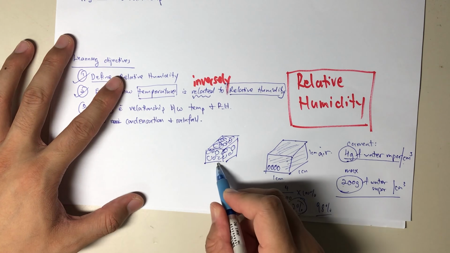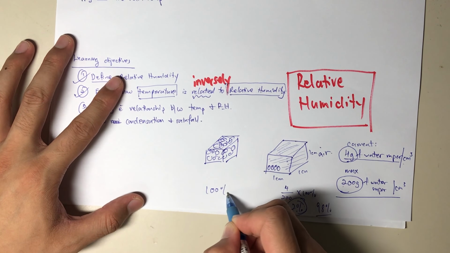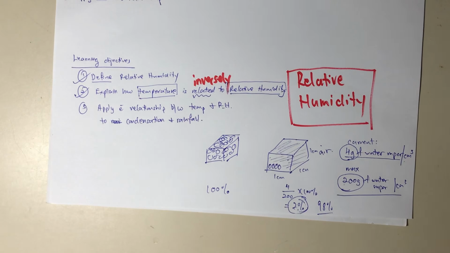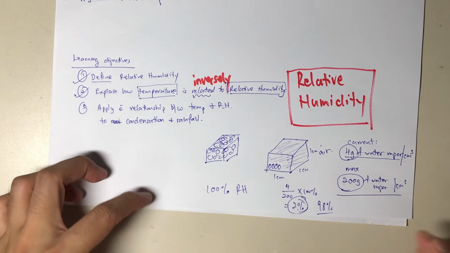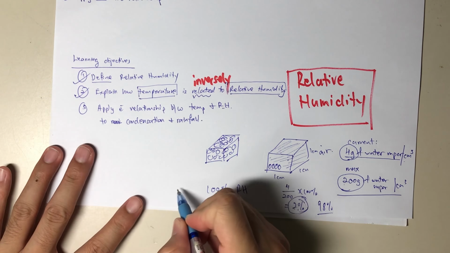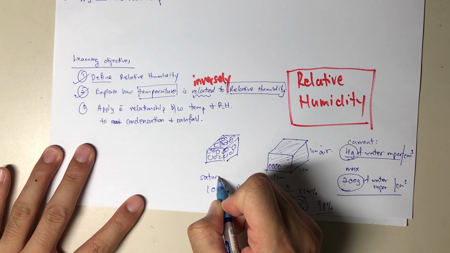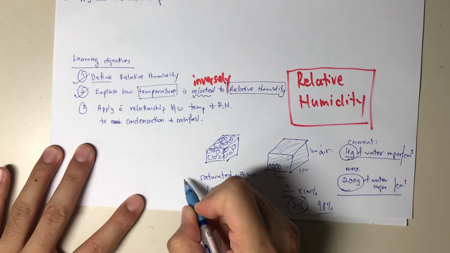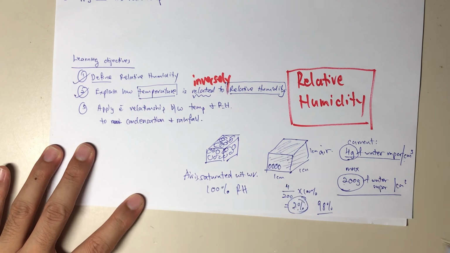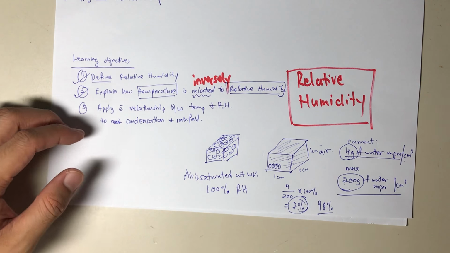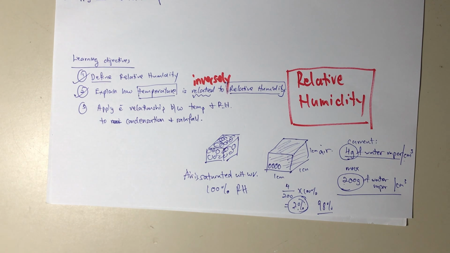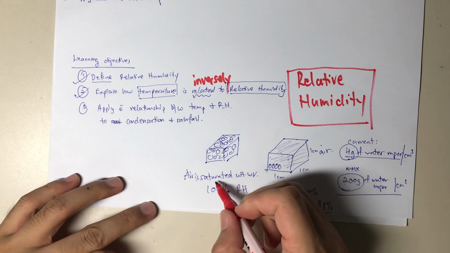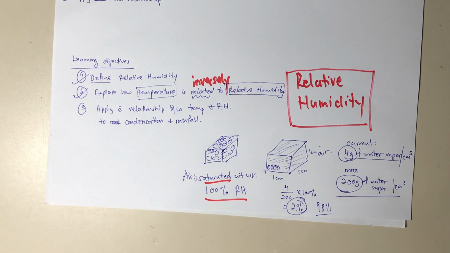Instead of 2%, it can be fully filled with water vapor, and we call this 100% relative humidity. That means saturated, fully saturated. My air is saturated with water vapor. The keyword here is saturated, 100%.